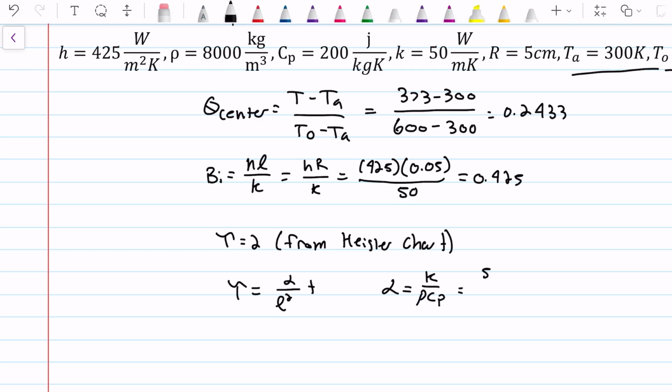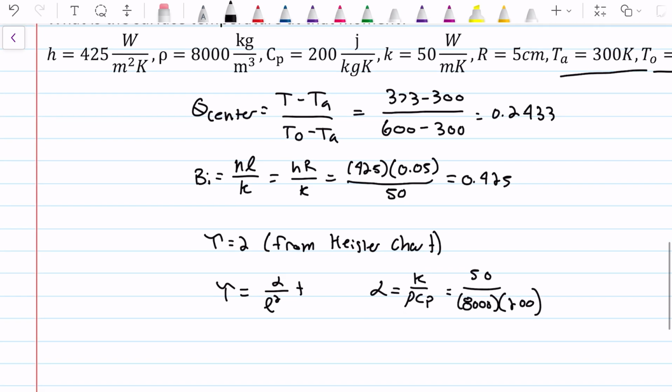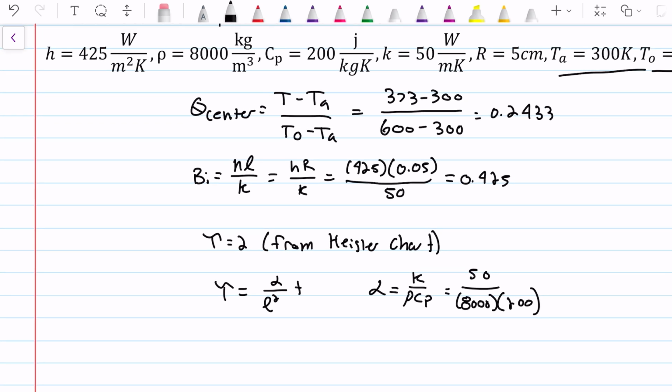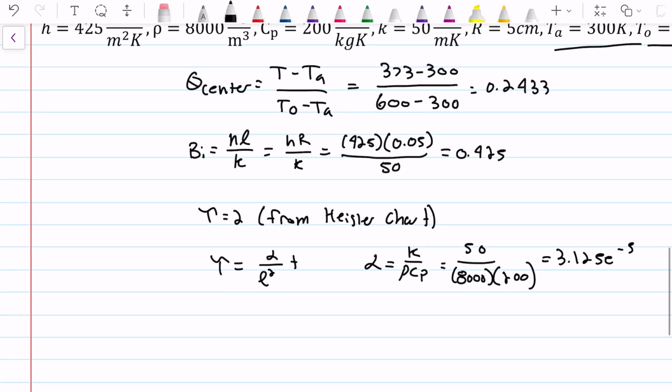And let's solve for that right away. Okay. 50 divided by 8,000 divided by 200. We get a small value for alpha, which is expected.